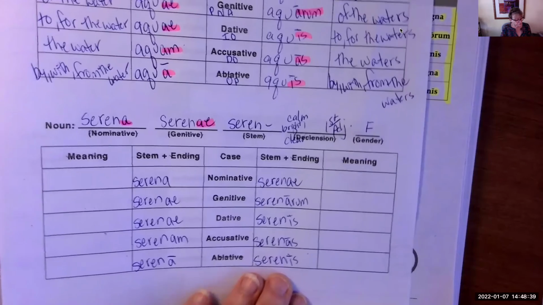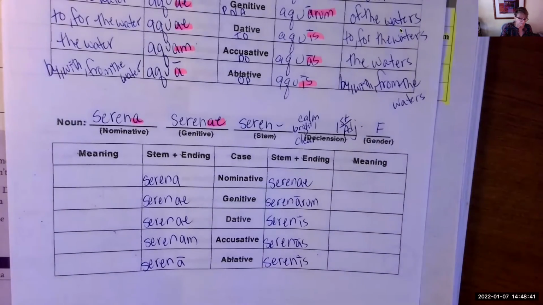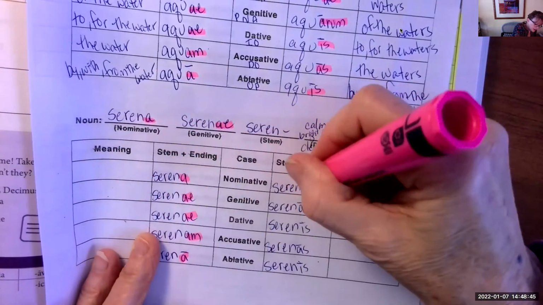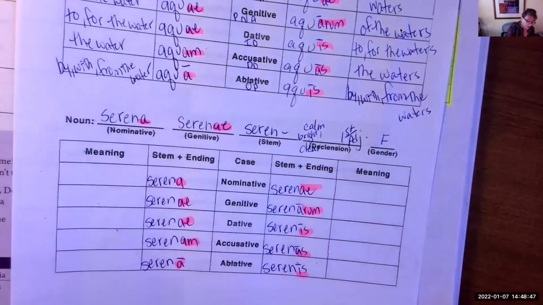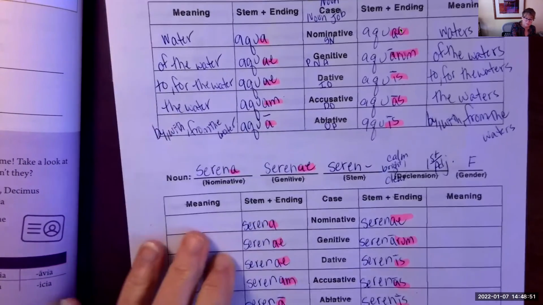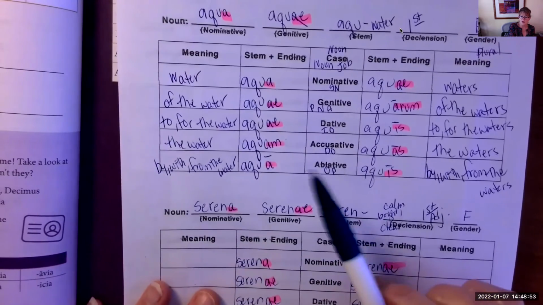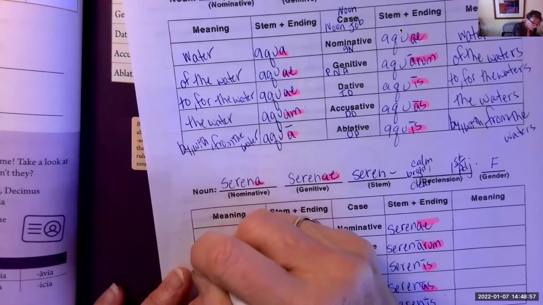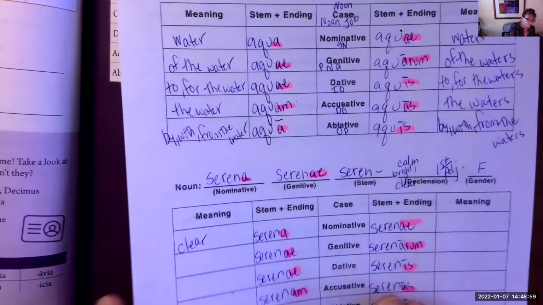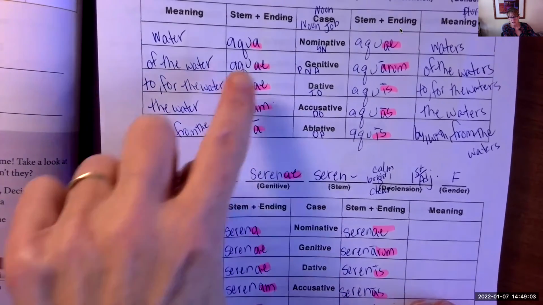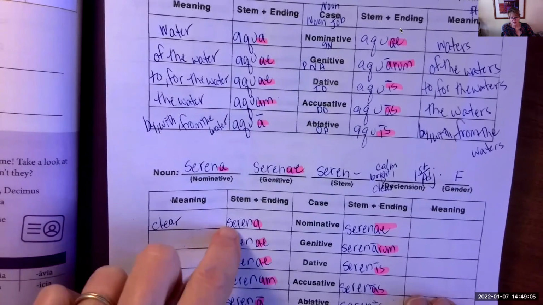Okay, and then put your color on. Again, I want your eye to see the stems from the endings. Now, you know what this means. This means calm. Which word do you want to take? Calm water, bright water, or clear water? Let's take clear. So this means clear.